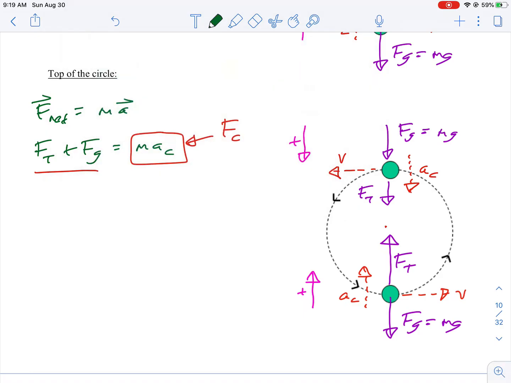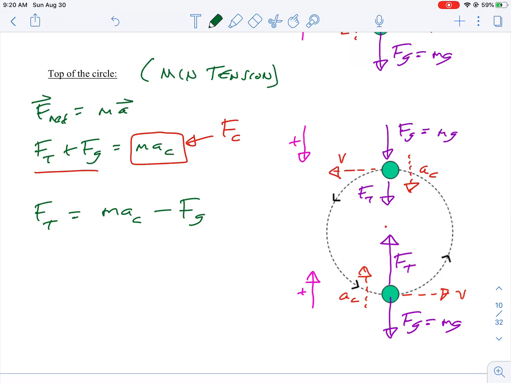And if you get Ft by itself, you'll discover it becomes equal to MAC minus Fg. It's a subtraction of the two, which means it's going to be small. And specifically, this is where you have minimum tension at the top of the circle.